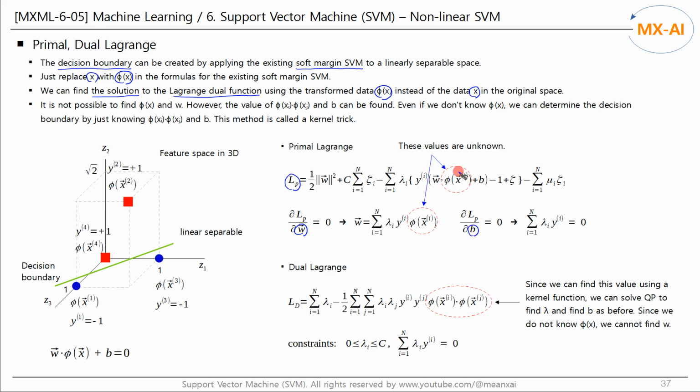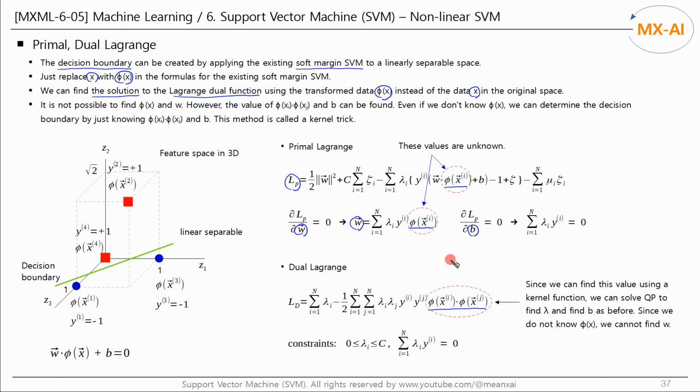In this function, phi x is unknown. And since we don't know phi x, we can't use this equation to find w. It is not possible to find phi x and w. However, we can find this value using a kernel function, which we will look at later.